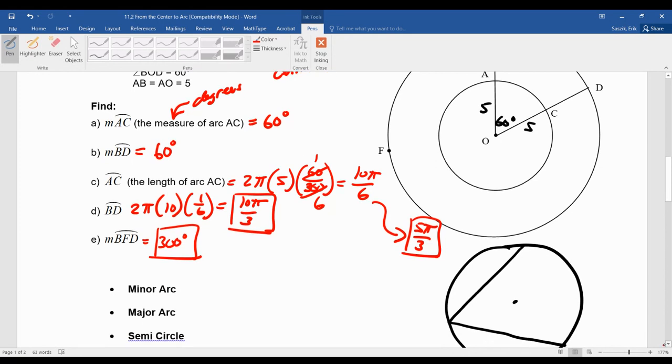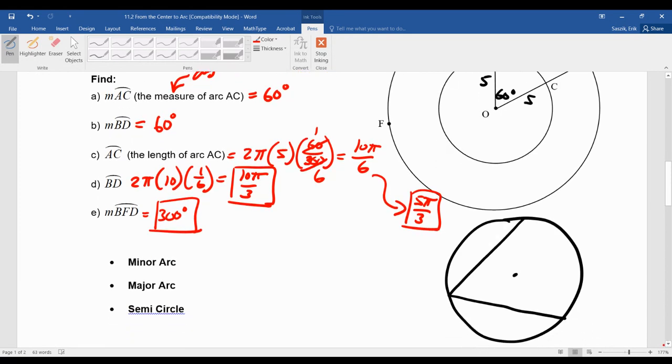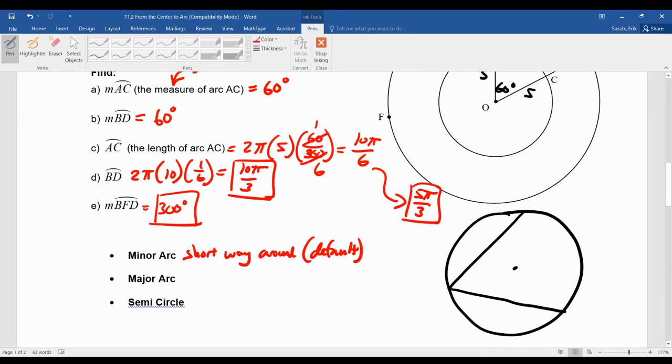All right, so we talked about this the other day as well. Minor arc is the short way around. That is your default. You should always be going the short way around unless you're specifically told otherwise.